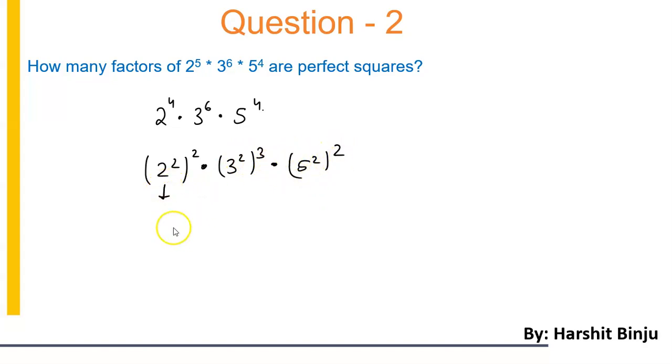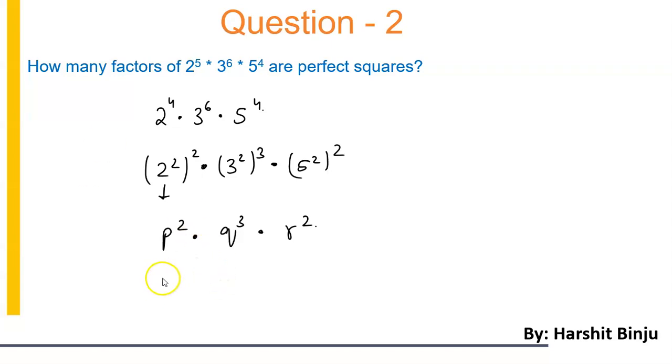So 2 square can be written as p, so that's p square. 3 square I'm taking as q, so q cube, and 5 square I'm taking as r, so r square. Now these numbers p, q and r are themselves squares, so I don't have to worry about what answer I would get when I take the square root of them.